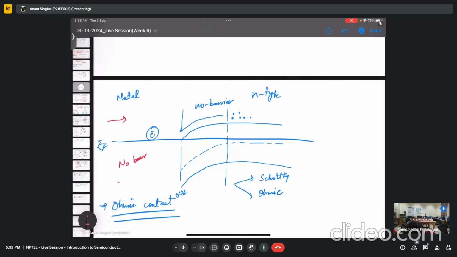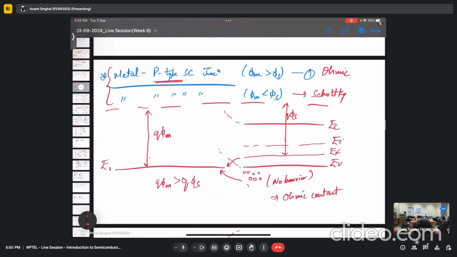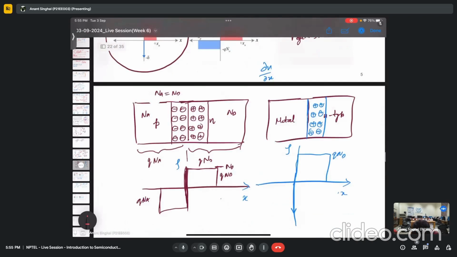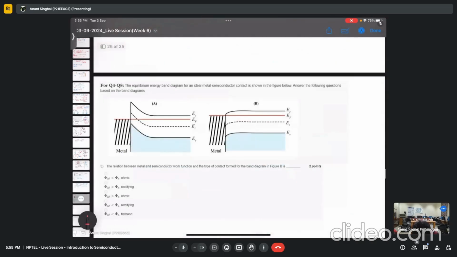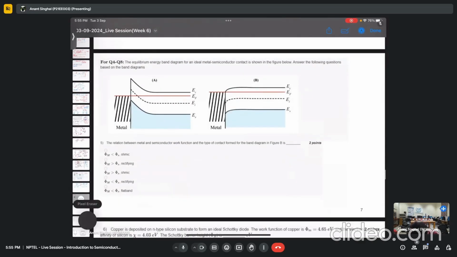There was no Schottky barrier in between, and it was an ohmic contact. This was the case when phi m was less than phi s. So for figure B, option A is the correct answer. I hope this is very clear.